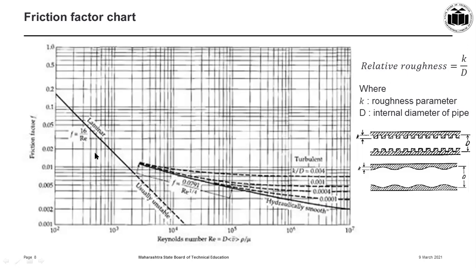This single line represents that in this case the value of the friction factor is not affected by the relative roughness. However, as we move from laminar to the transition or turbulent region, the relative roughness inside the pipe affects the value of the friction factor. In this way, either by empirical formula or by using the friction factor chart, we can determine the value of the Fanning friction factor.